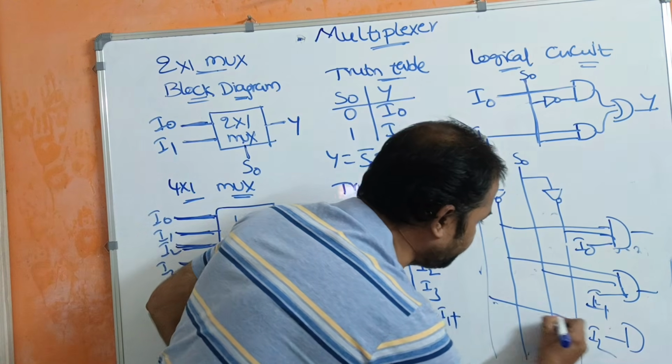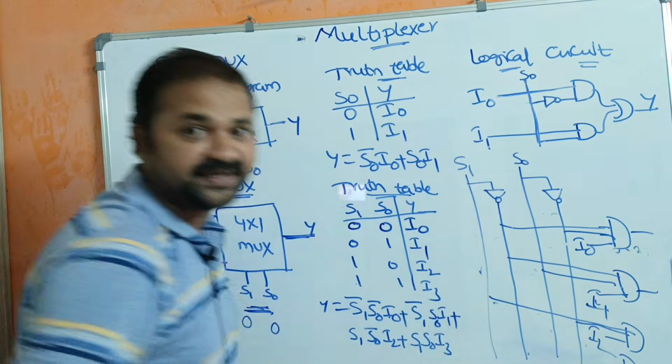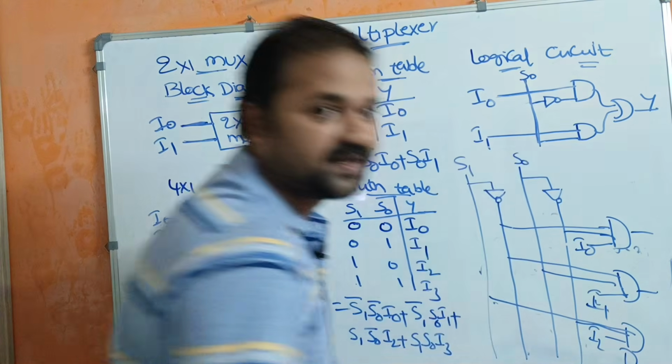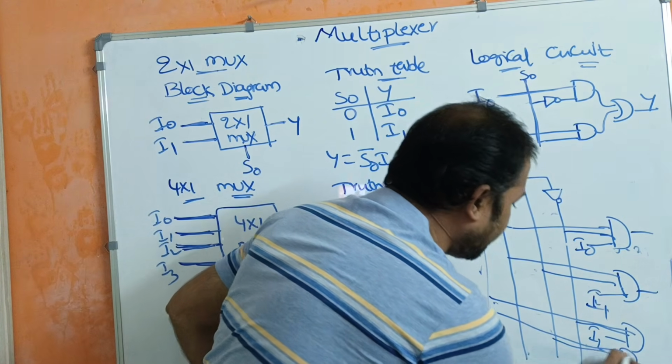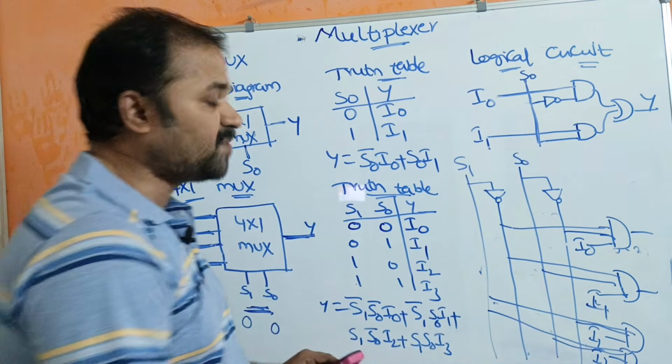S1 means this input, whereas S0 bar means this input. The last AND gate receives input from S1, S0 and I3.